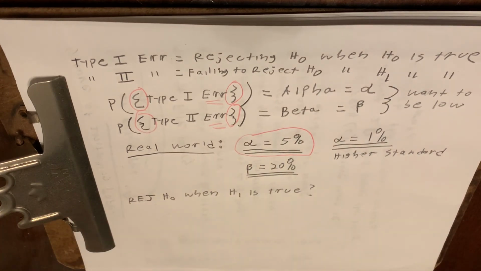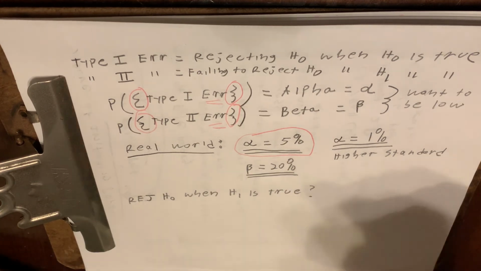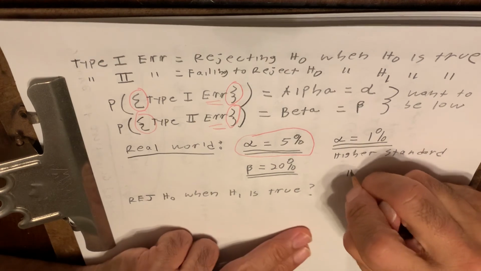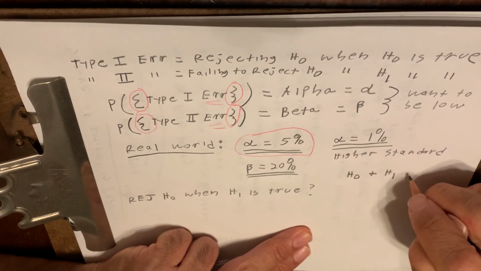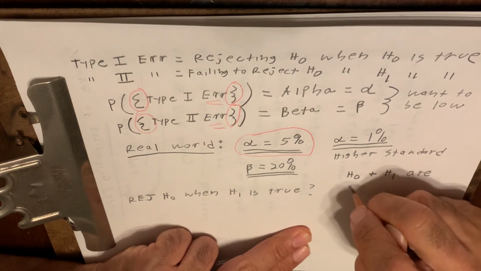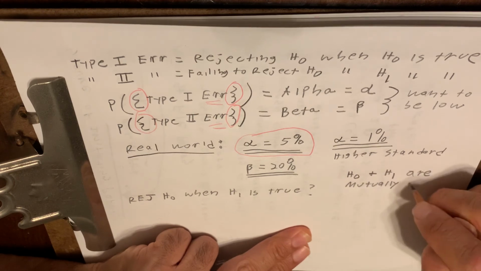Now, one thing I should mention, I told you these were rival hypotheses, the null and the alternative. But I could go a little stronger than that. I can say they are mutually exclusive. I'm going to write that down. So the null and the alternative hypotheses are mutually exclusive.